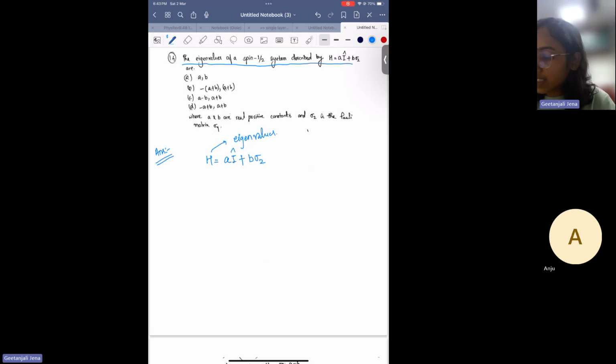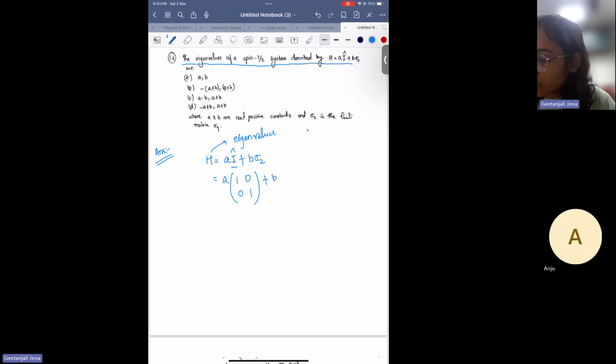So I think this one is easy. Here I is nothing but the identity matrix, which is 1, 0, 0, 1. So you have to just write the operator in matrix form and find its eigenvalues using the same process that I have described in my previous videos.